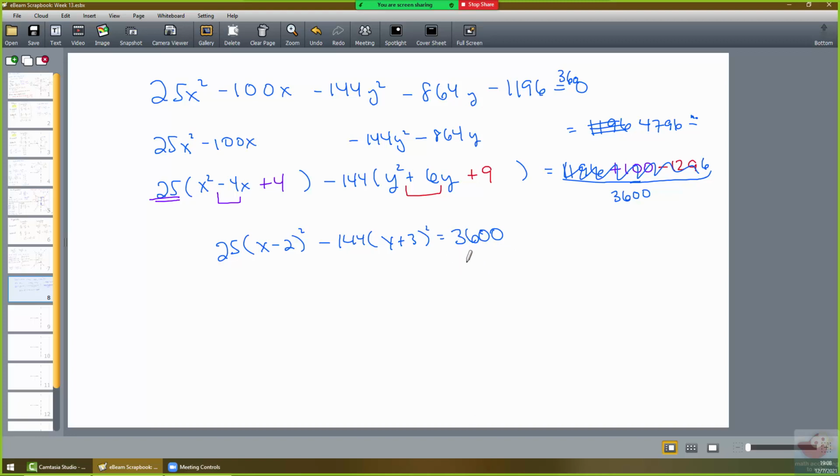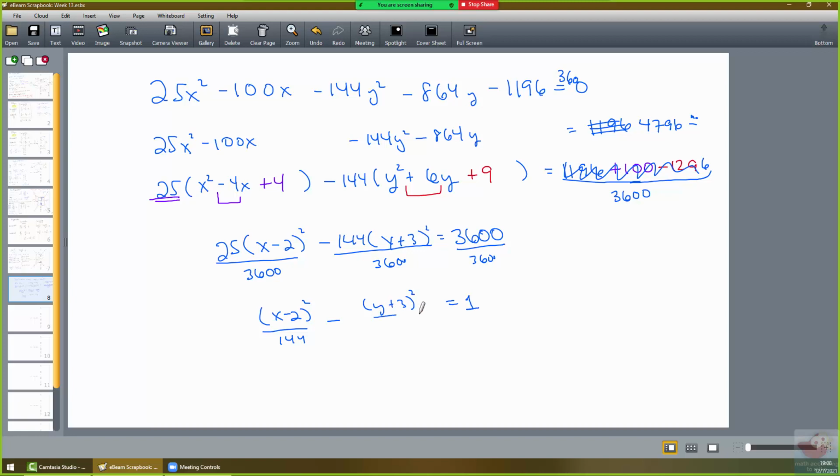And then we need this thing to equal 1 on the right-hand side. So the way you would do that is you would divide both sides by 3,600. 25 over 3,600 is 144 downstairs. And 144 over 3,600 is 25 downstairs.